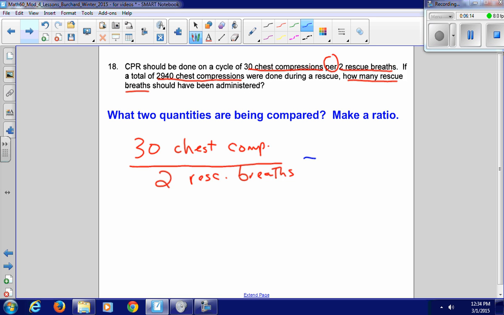And then I'm going to set that equal to 2,940 chest compressions, and I'm asking how many rescue breaths. So I'm going to use X to stand in for that. I don't know how many rescue breaths go with 2,940 chest compressions.